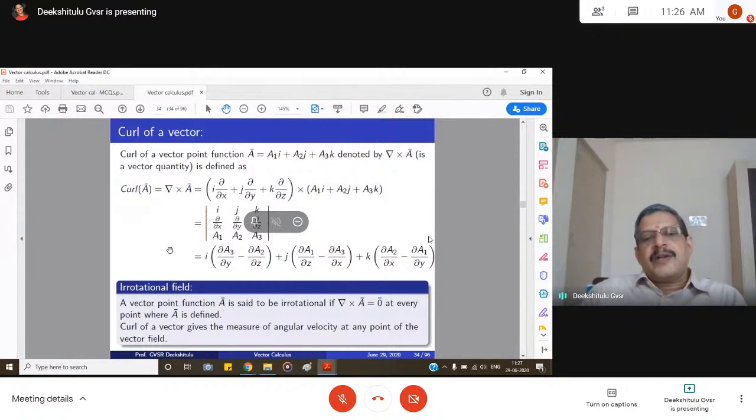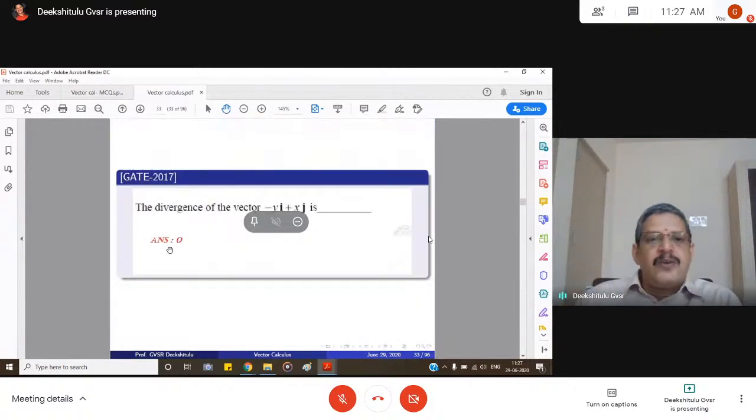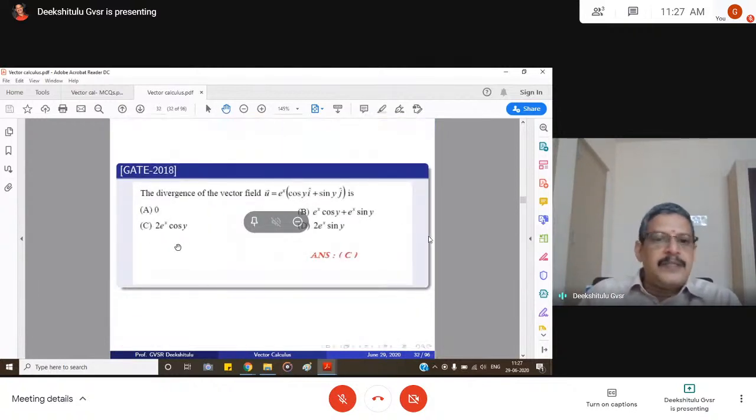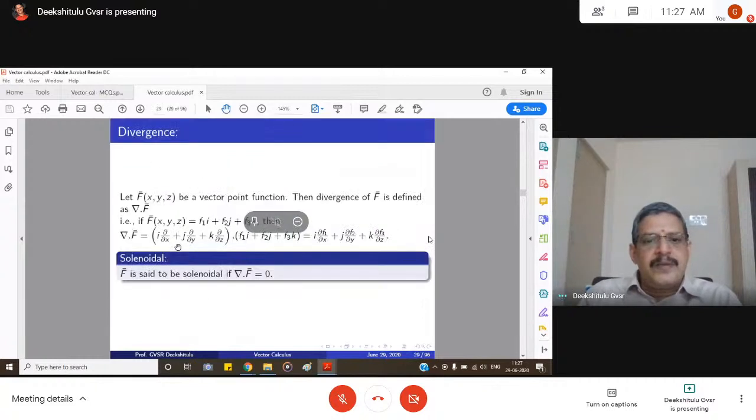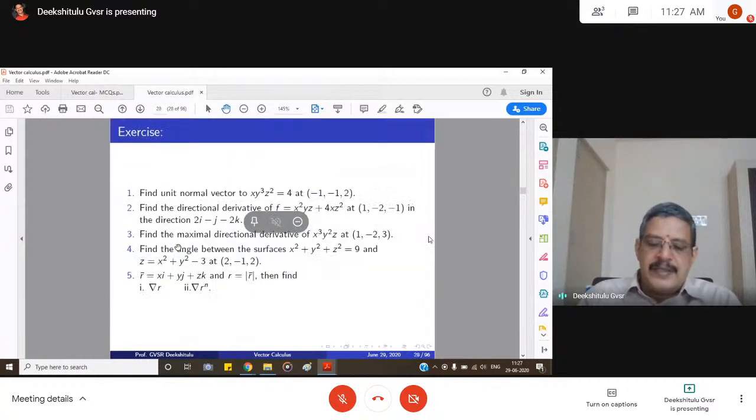Then the third type of product is del cross f. Del dot f is finished, divergence is finished. Now, in divergence, I want to tell, particularly for the civil and mechanical engineering students, they must have studied fluid mechanics at our BTech level. You study for incompressible fluids, you study the equation of continuity.